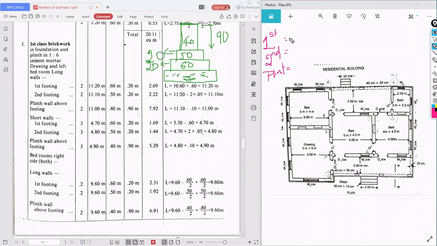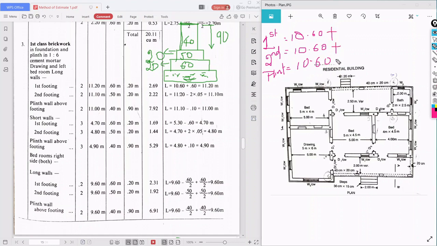So for the first footing, what is the center to center length? Center to center length is 10.60. For the second footing also the same 10.60, for the plinth also 10.60. Then we need to add the width of the foundation for first class brick.